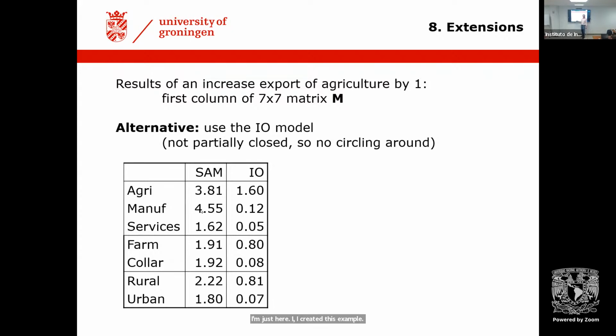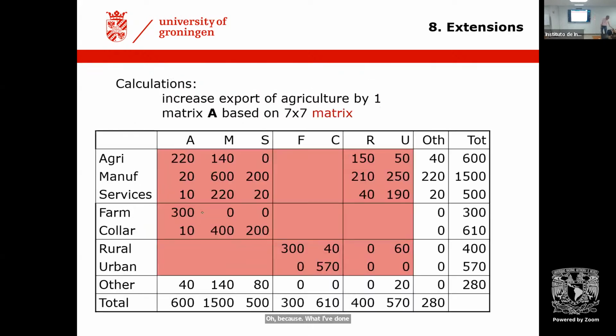So I completely messed up this economy. How? Because what I've done in creating this example is, it keeps on turning around.